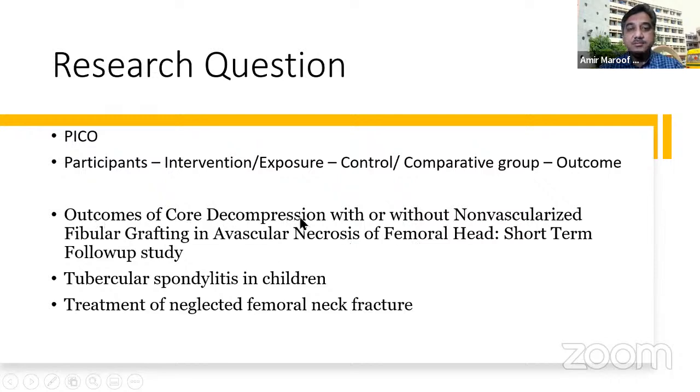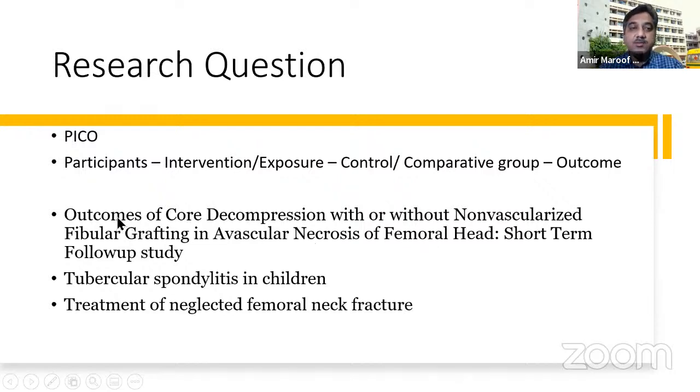If you look at this, the intervention is core decompression with non-vascularized fibular grafting. So that is the intervention. And control is those without non-vascularized fibular grafting. And the participants are those who are having avascular necrosis of femoral head.